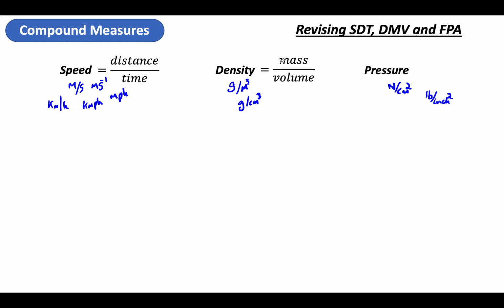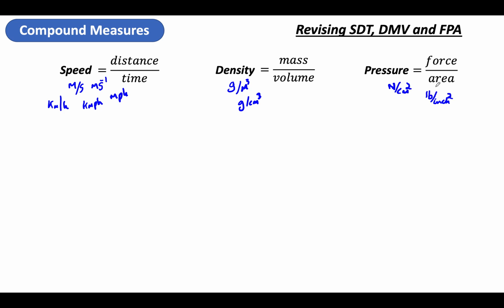They are clearly not the same thing, and any scientist would shout at me instantly for saying so. I'm not saying they are the same thing, but we can kind of think of it as that. So the mass is basically the weight for us. And then pressure, we've got force over area. It's force per the amount of area. Newtons per centimeter squared. Pounds per inch.